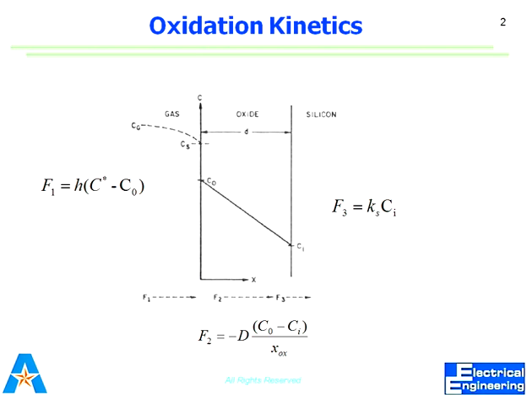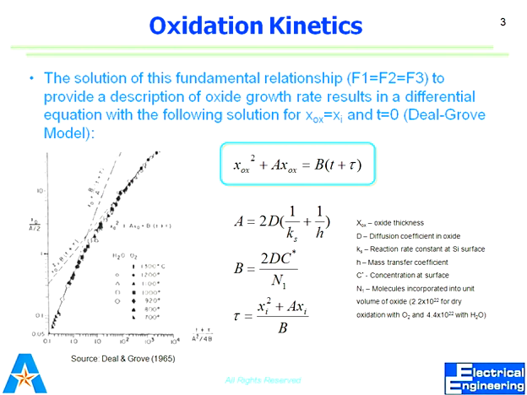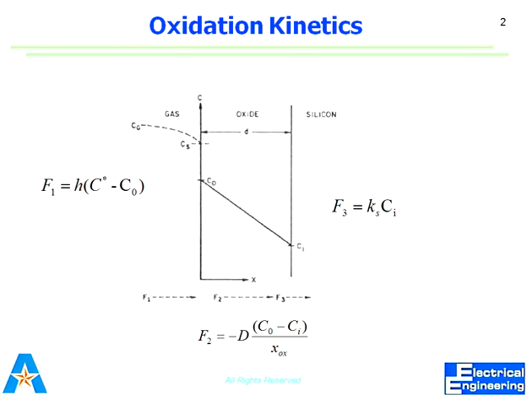You got my point? That the same number of molecules that move in the flux F1 from the source to reach the wafer surface, the same number actually diffuse through the oxide layer, and the same number react with the silicon.